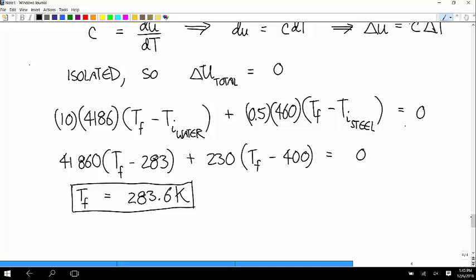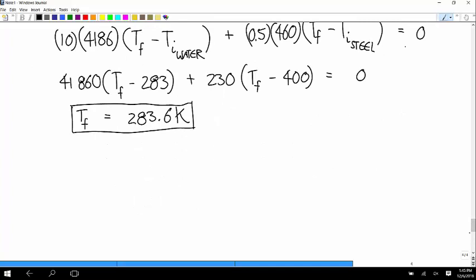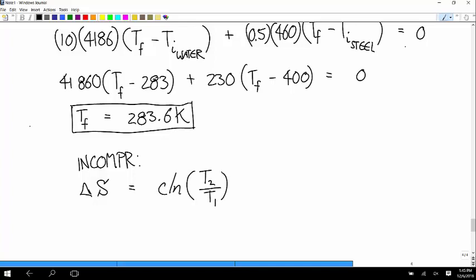But now we're going to use the entropy production idea. Remember, for incompressible, the change in entropy is equal to the specific heat times the natural log of the temperature later over the temperature earlier.